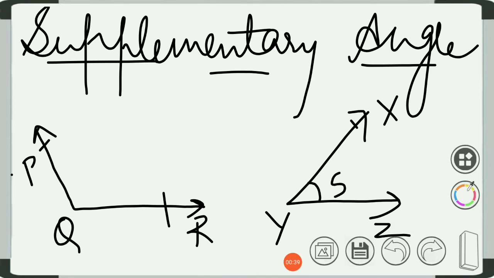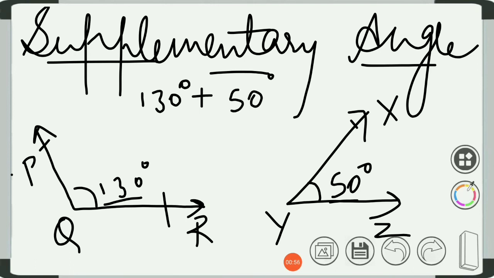This angle measures 50 degree and this angle measures 130 degree. 130 plus 50 is 180 degree. It means it is a supplementary angle. Complementary angle means the sum of the measures must be 90 and supplementary angle means the sum must be 180 degree. We have completed the classification of angles.